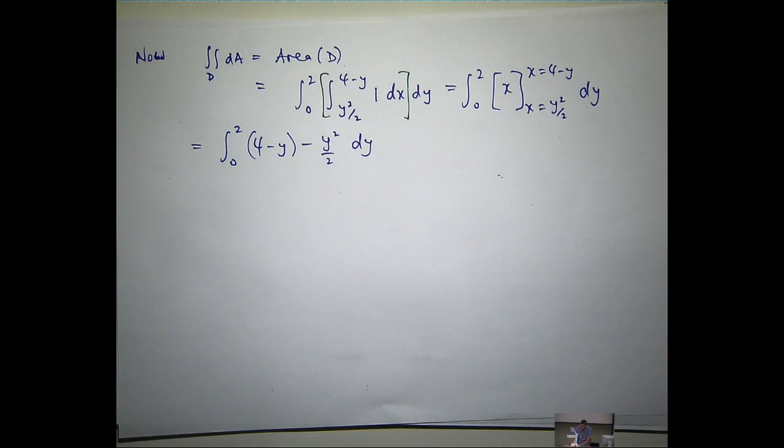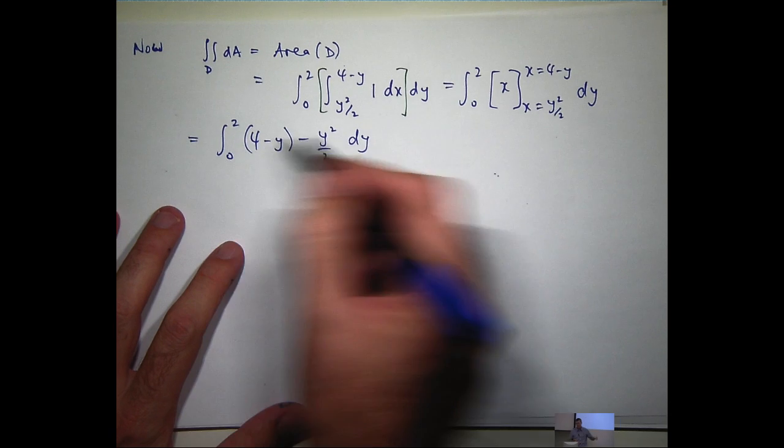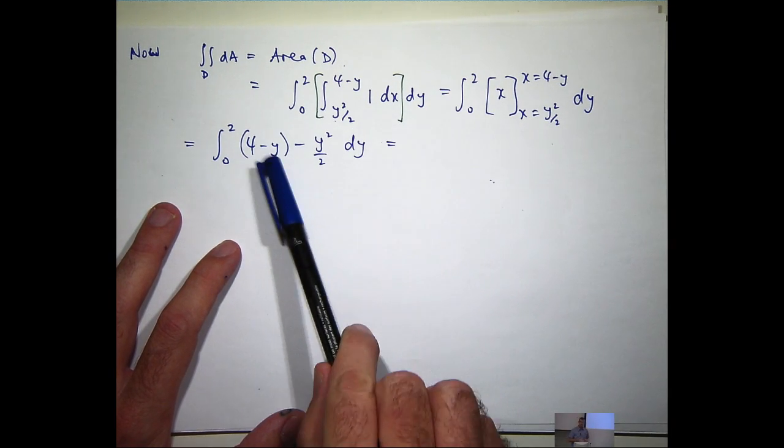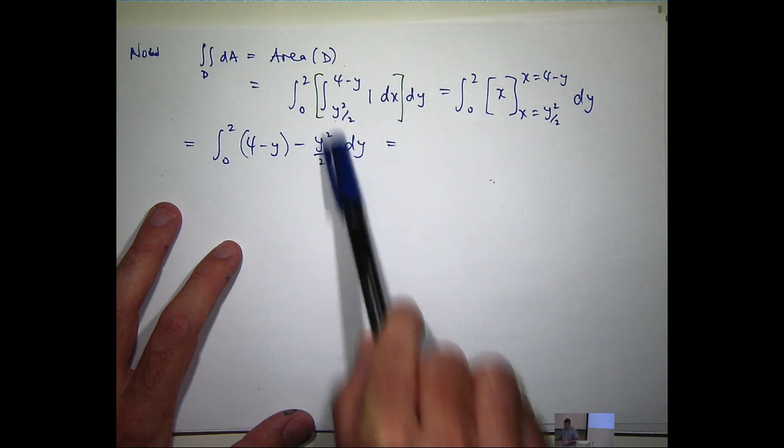So now in the bottom line, I have a single integral, the integrals that we know and love. I can easily integrate each of these things term by term. So I'm going to integrate this to get 4y, this to get minus a half y squared, and similarly with this one.